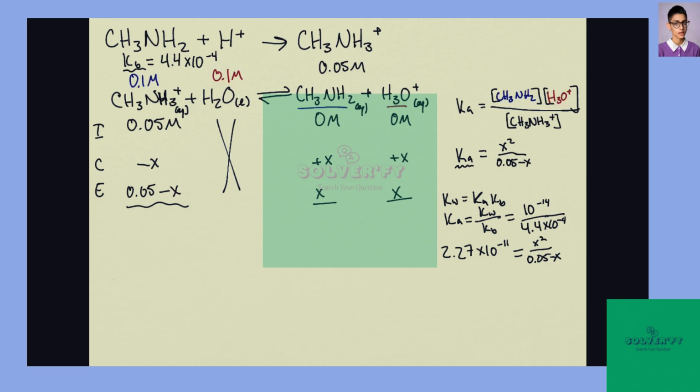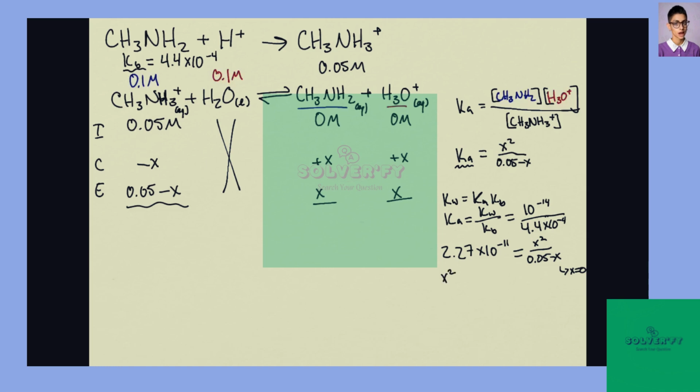Now, in order to make solving for x a little bit simpler, we can make the assumption that this x here is so small that it won't affect the result whether we subtract it from 0.05 or not. So we can assume x is approximately 0 in the denominator and solve for x that way.